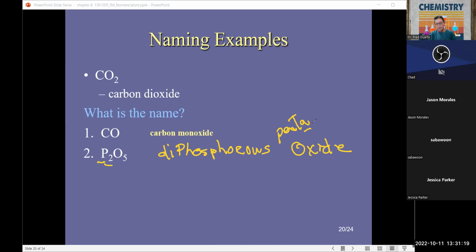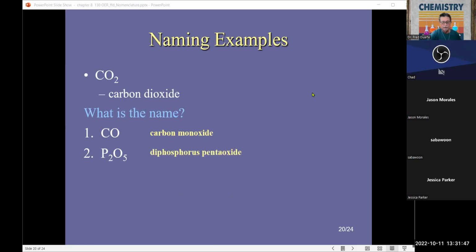So technically you're supposed to drop the A and write pentoxide. Okay, but I'm not going to be that big of a stickler for that. So if you happen to write pentaoxide, leave the A in there, that's fine. I will not take points off for that. Okay. All right, so diphosphorus pentoxide. Now keep in mind, you need to be able to go backwards too.